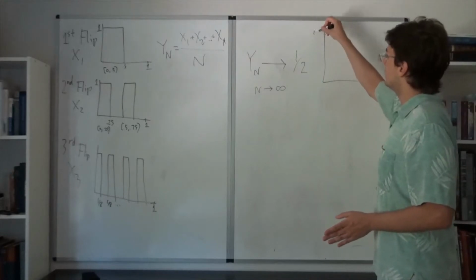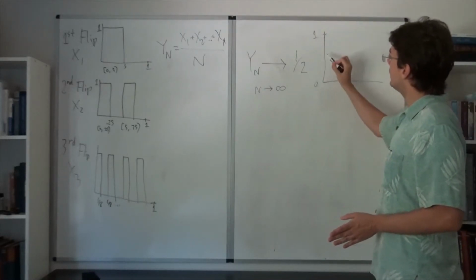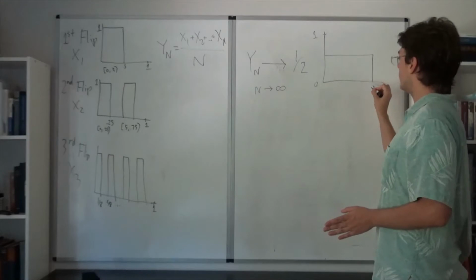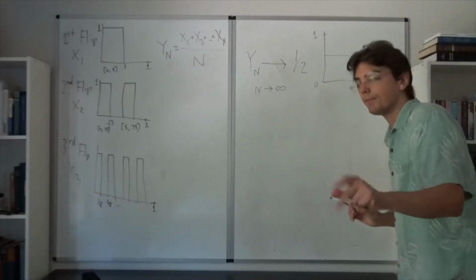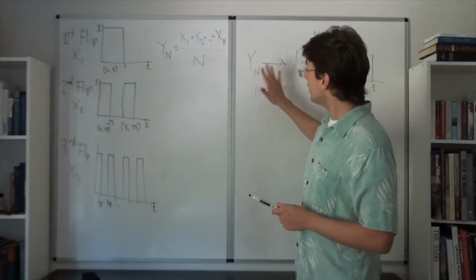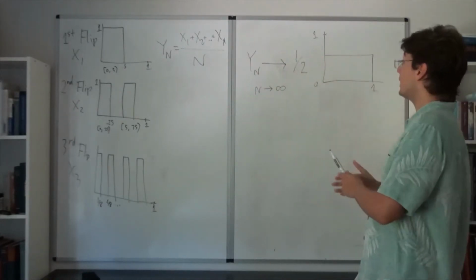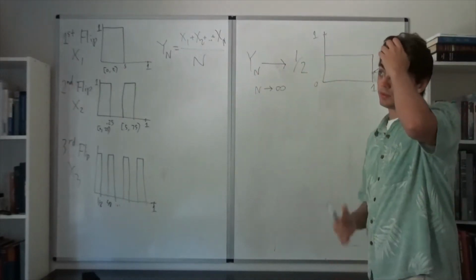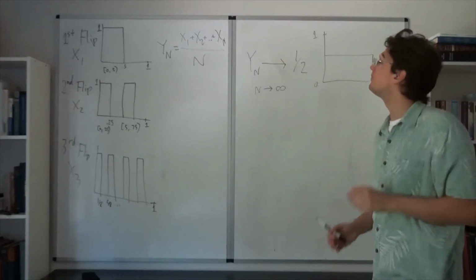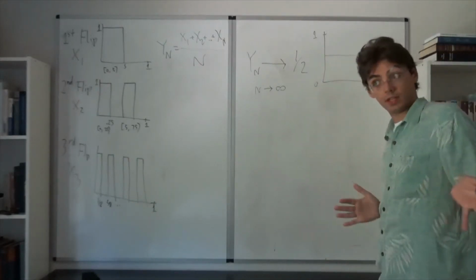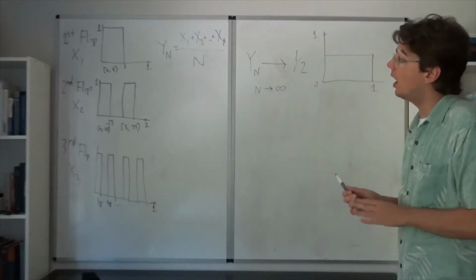As in, if here's 1, 0 down here, then this should be like 1/2. As I take very, very large samples, this should look just like 1/2 for the number of heads I get. Half the time I get heads, half the time tails.